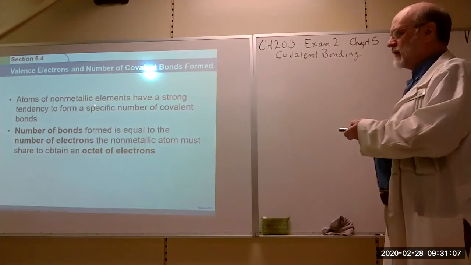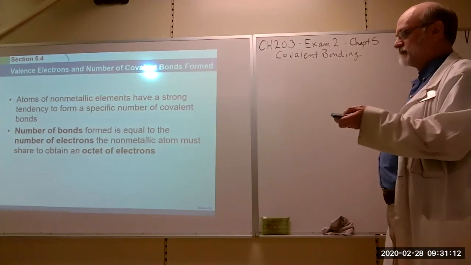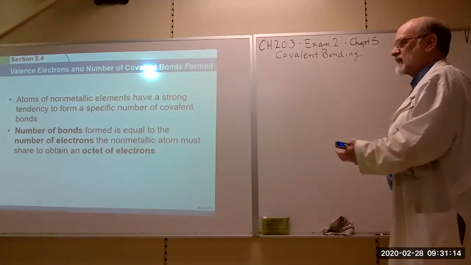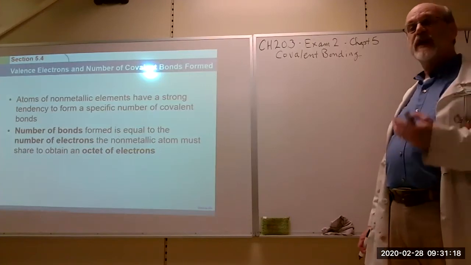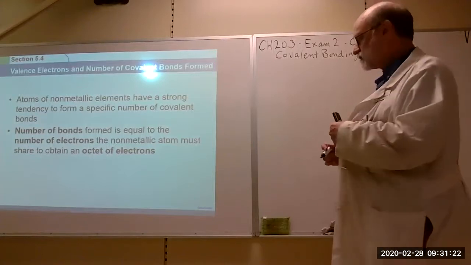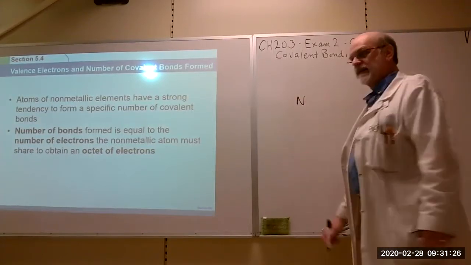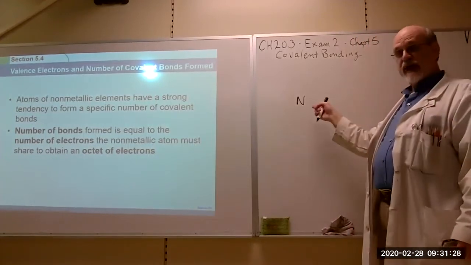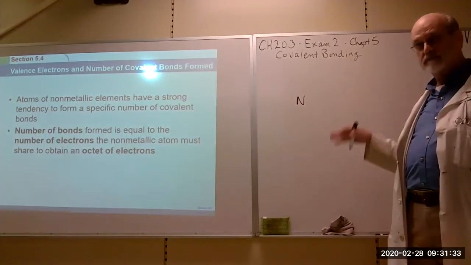Most non-metallic elements, that is, these guys over here, they have a strong tendency to form a specific number of covalent bonds. And that's helpful when you start writing structures. If you see a nitrogen atom in a structure, you're saying, okay, that puppy's going to have 3 bonds to somewhere, right?